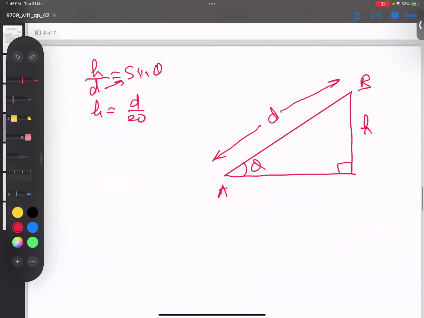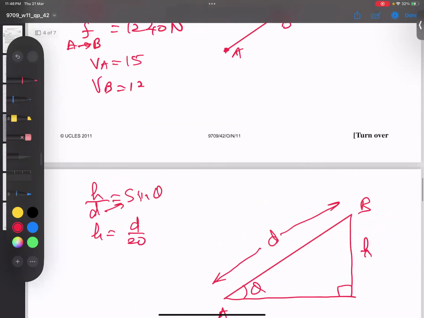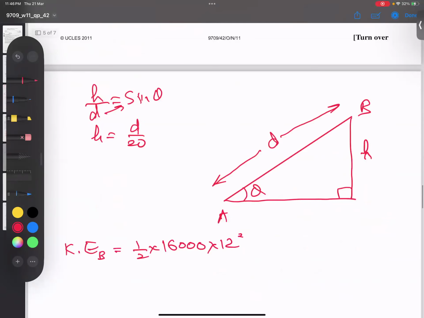So what is the kinetic energy at B? Half mv square, with 16,000 mass, and the velocity at B is 12, so 12 square. I find this separately rather than plugging in all together in a formula. Half into mv square.